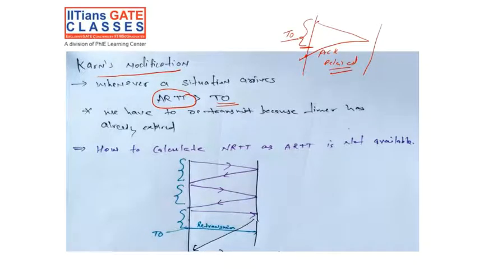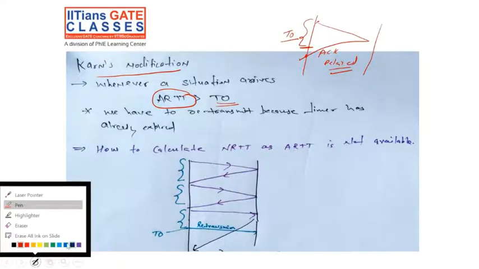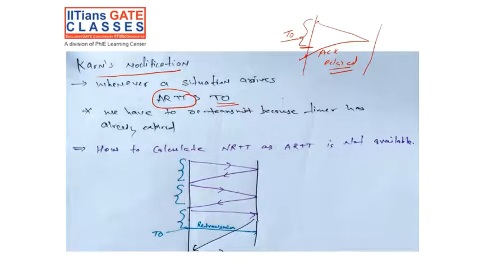It should come here. So when the timeout happens, retransmission will be there. After that, you are getting the acknowledgement, right? So we have to retransmit because the timer has already expired.